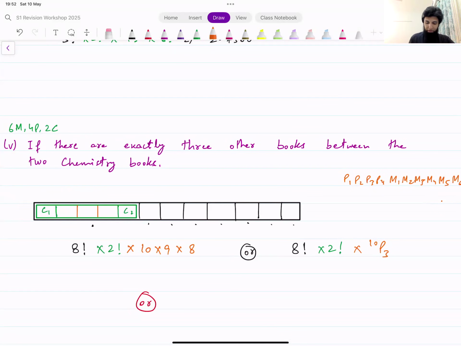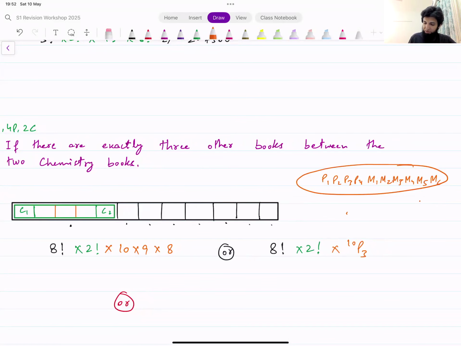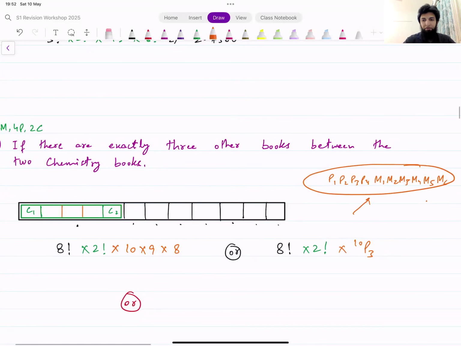Okay, so you had 2 chemistry books. Now the remaining books that we had, the physics books and the math books, they were all different, right? If they were all different, we could use this method and this would work.